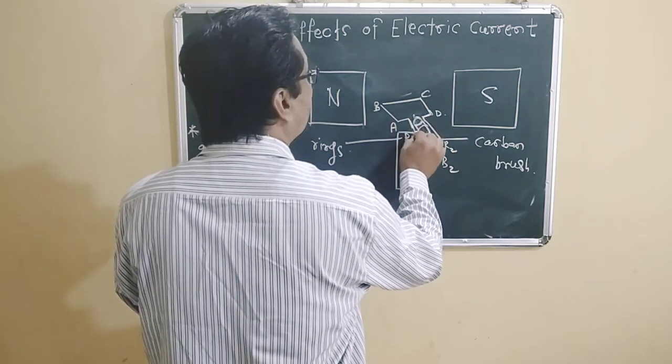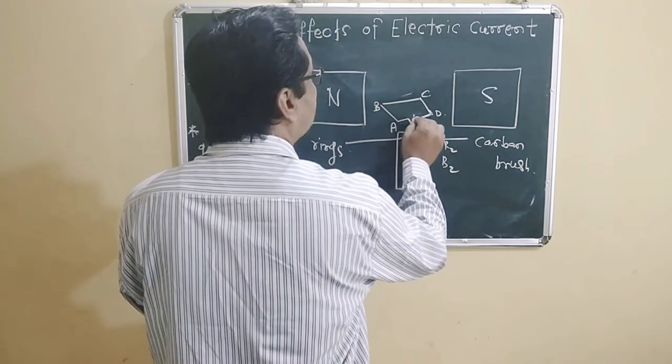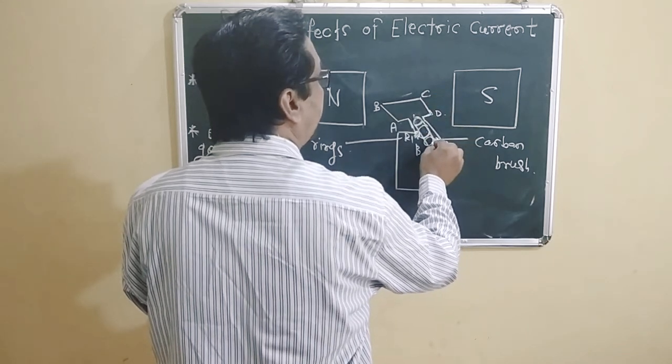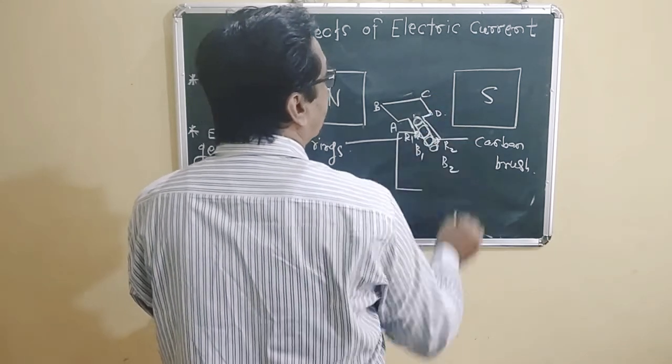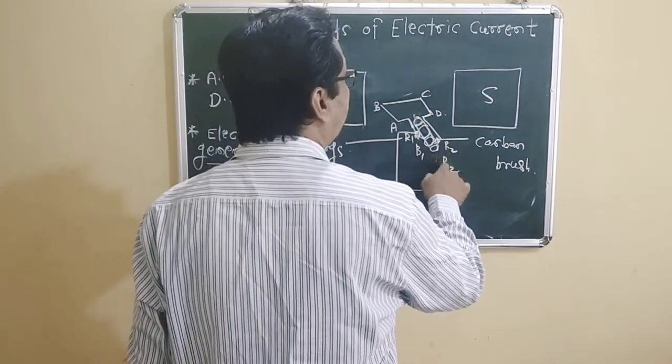The ends of this loop are connected to the rings. The AB branch is connected with ring R1 and the CD branch is connected with ring R2, via brushes B1 and B2.